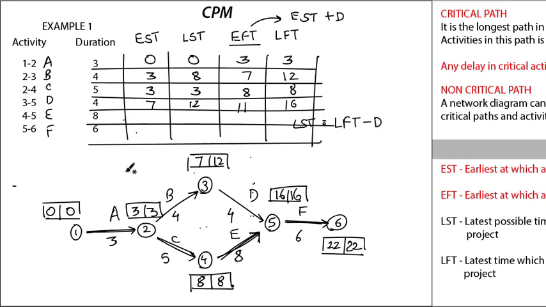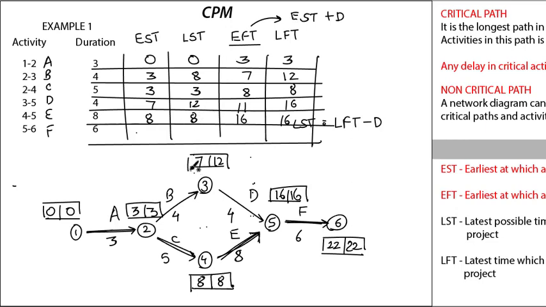For E also try to figure it out. Earliest start time is 8, so earliest finish time will be 8 plus 8, that is 16. Then latest finish time is 16 and latest start time will be 16 minus 8, that is 8.